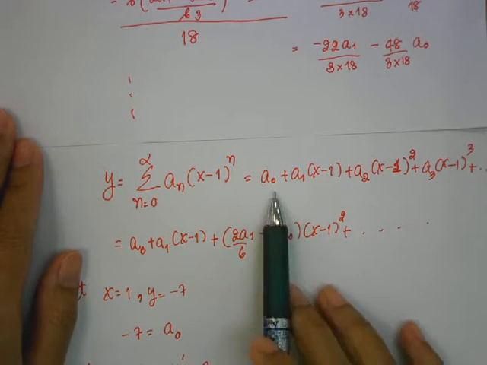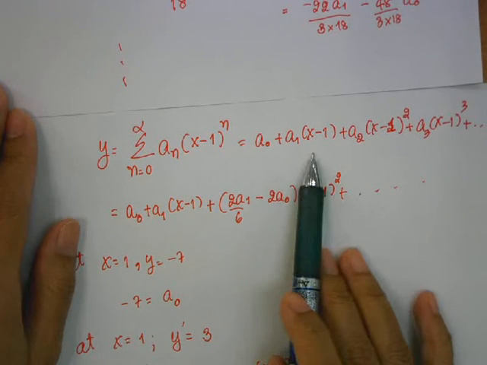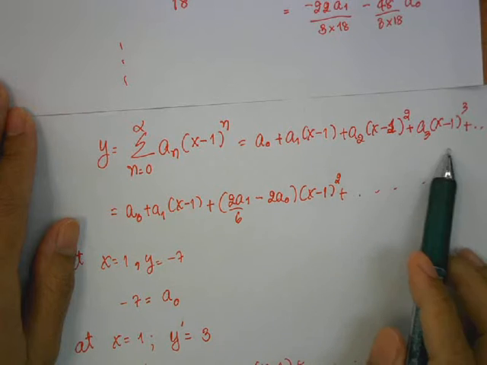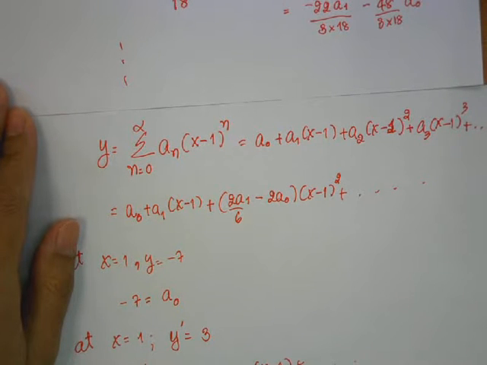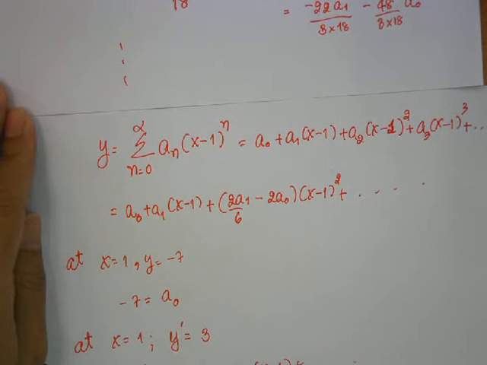And then you plug the values of a1, a2, and a3 there. For a0 and a1, you don't know the value, so put them there as constants. But a2 and a3 are both functions of a0 and a1. You just write the number down. And that's it.